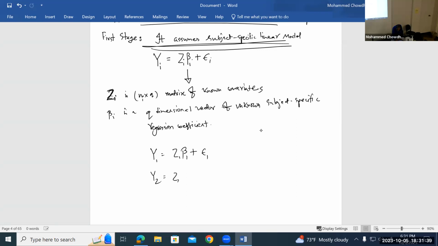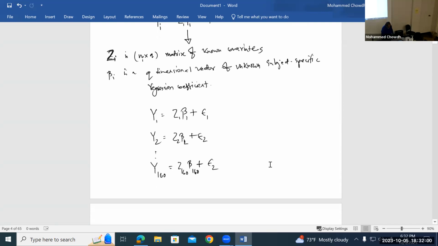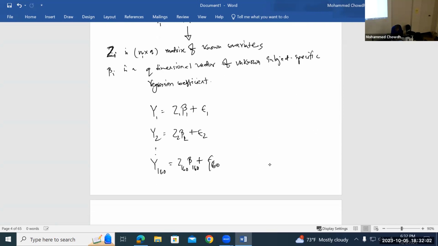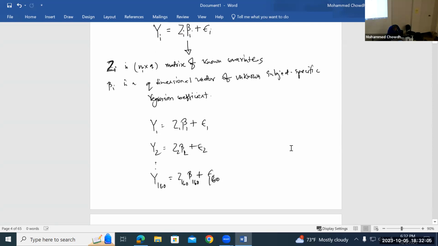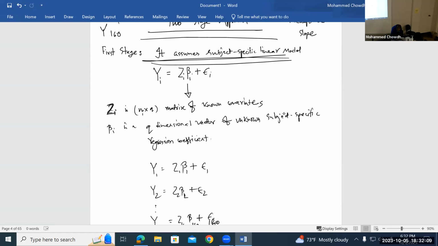Second school, beta 2, epsilon 2. This is the 160th school, beta 160 plus epsilon 160. Now what we are going to do is make a change in this part, in these betas.